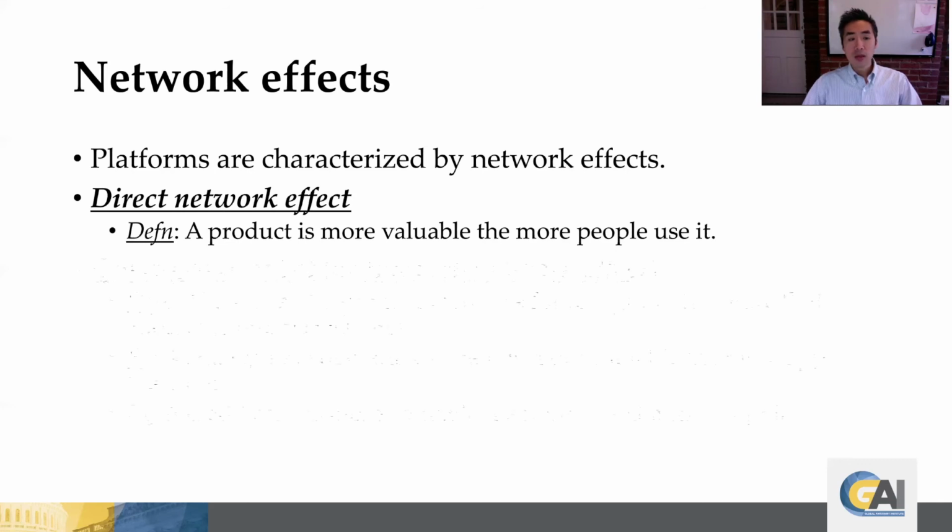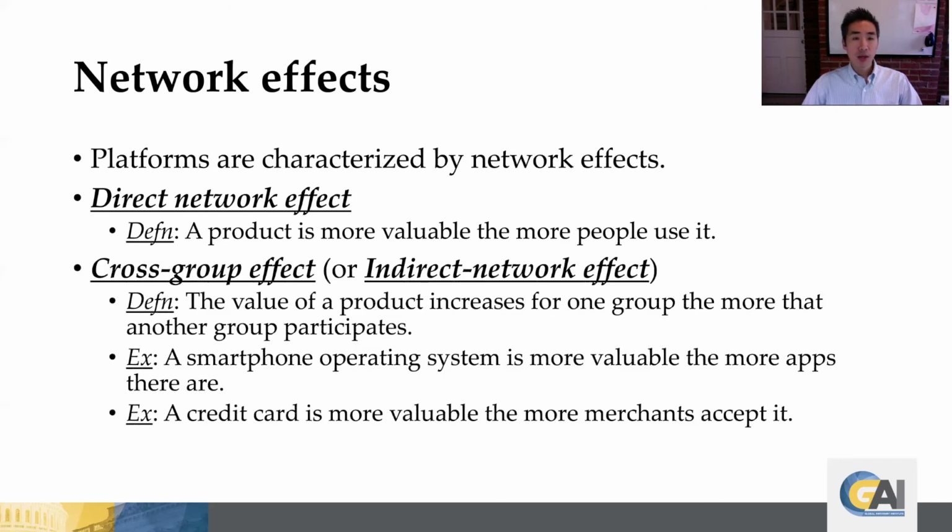In fact, the relevant network effect in this case is something we call a cross-group effect or an indirect network effect. And here, the value of a product increases for one group the more that another group participates. So the real value that you as an Uber rider have joining the network is when you see other drivers joining. Let me say it again.